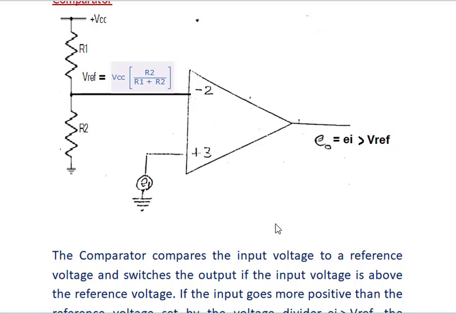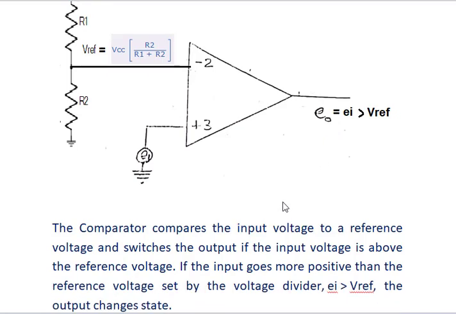So the comparator compares the input voltage to the reference voltage and switches the output if the input voltage is above the reference voltage. If the input voltage goes more positive than the reference voltage set by the voltage divider, the output voltage is positive.